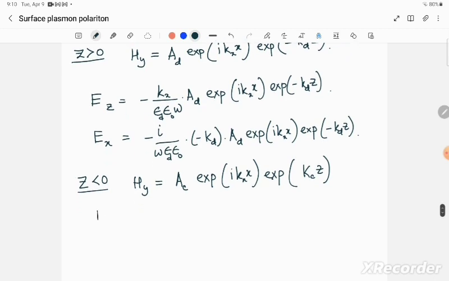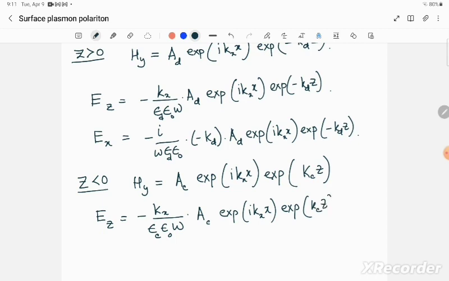Now then we have Ez is minus kx over epsilon c epsilon naught omega, Ac exponential i kx x, kc z.